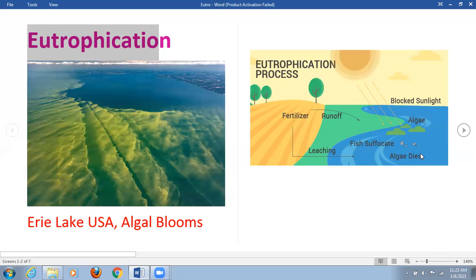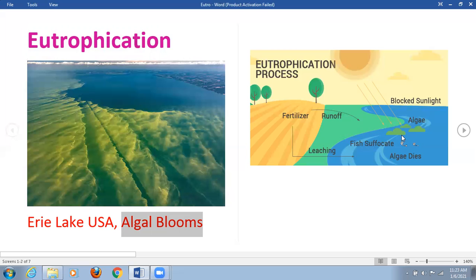And when these algae die, they form blooms. Now see here, these are the algal blooms. So here they form algal blooms, and they block the sunlight. So sunlight is unable to reach the bottom of the lake.